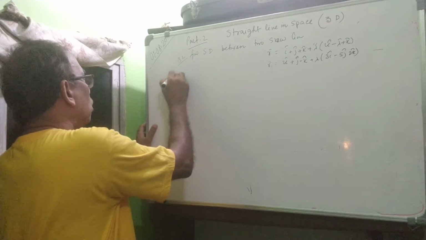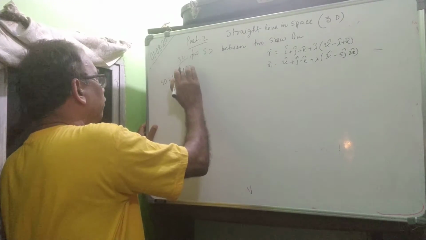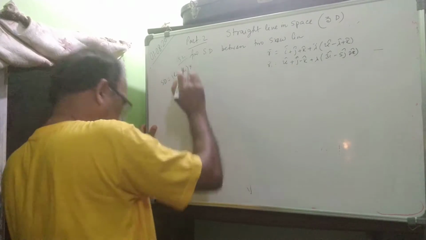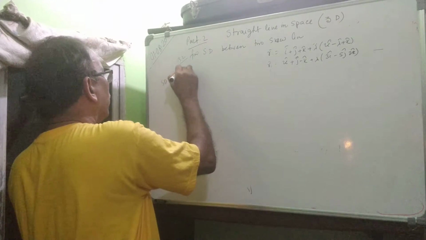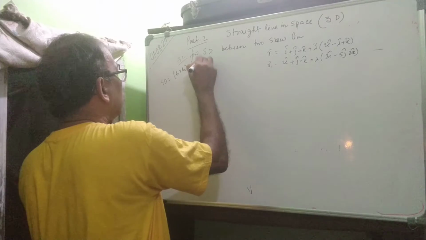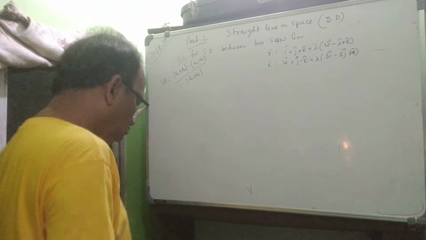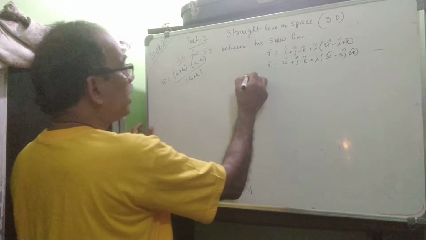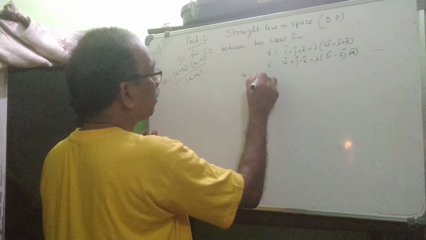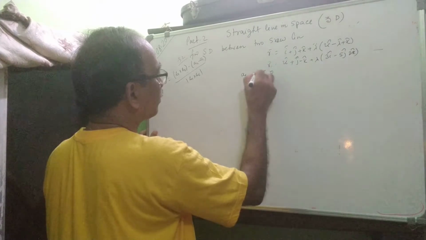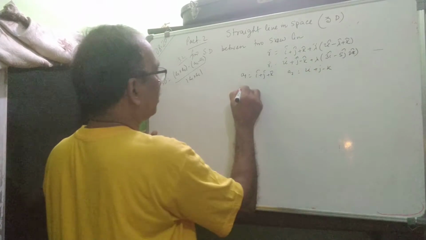I am taking the shortest distance formula: (B1 cross B2) dot (A2 minus A1) divided by the modulus of B1 cross B2. First, comparing with A1 plus lambda B1, A1 equals i + j + k and A2 equals 2i + j - k.